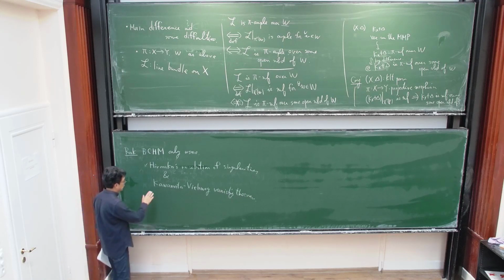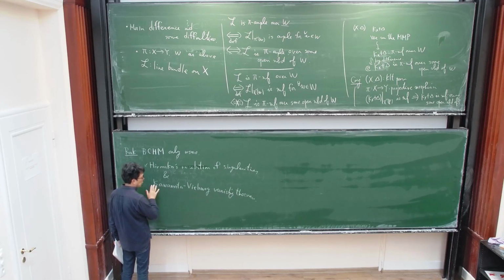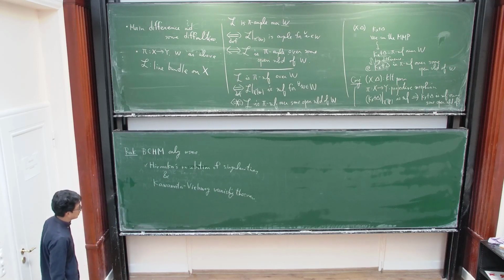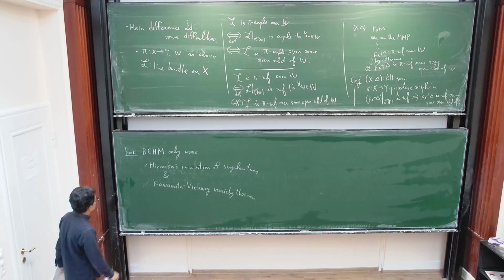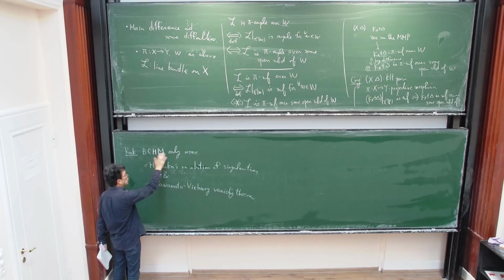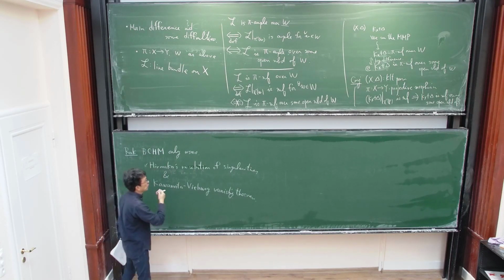So we can prove the Kodaira vanishing theorem and Kawamata-Viehweg vanishing theorem for projective morphisms of complex analytic spaces, and translate the arguments of BCHM into the complex analytic setting.